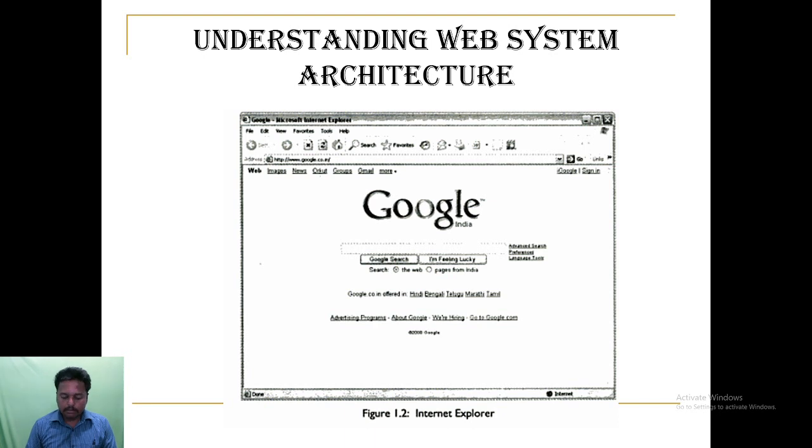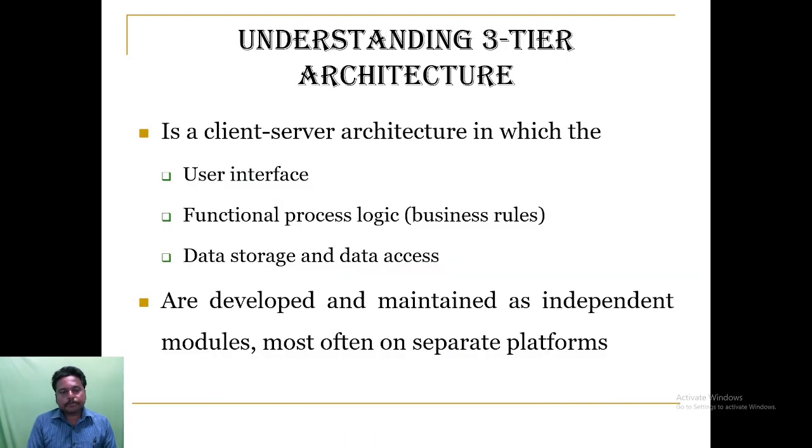Next is client server architecture, which has the user interface. Who is going to use the platform? Which platform? The client server medium. And functional process logic, the business rules we are going to make, and data storage and data access are developed and maintained as independent modules.